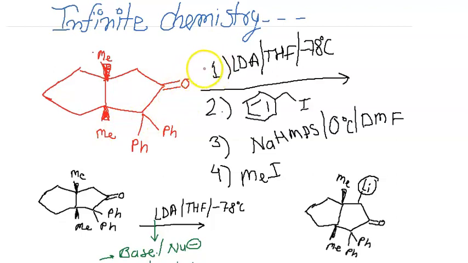In the reaction, the first reagent is LDA with THF at -78 degrees centigrade, the second is benzyl iodide, and the third is NaHMDS at 0 degrees with DMF, and then CO2 and methyl iodide.